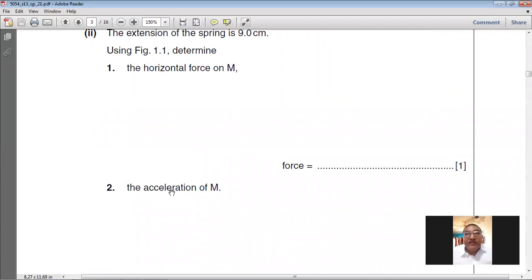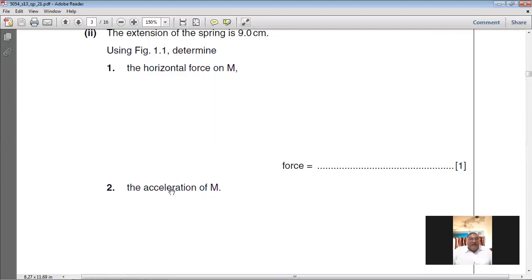F equals ma according to Newton's second law of motion. A equals F divided by M. So 0.8 Newton divided by 0.20 kg. And the final answer will be 4 meter per second square.